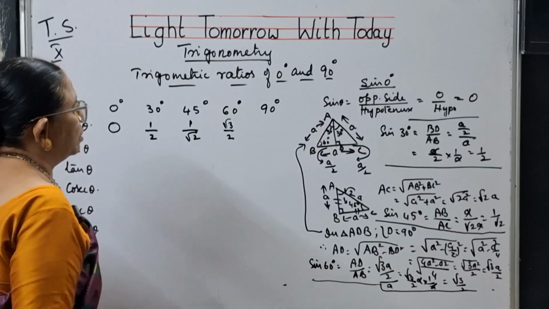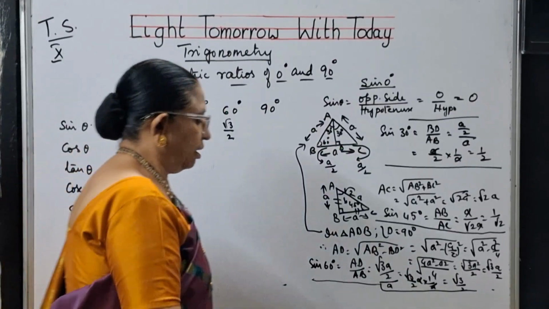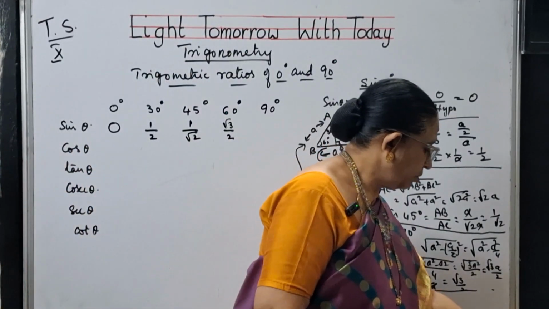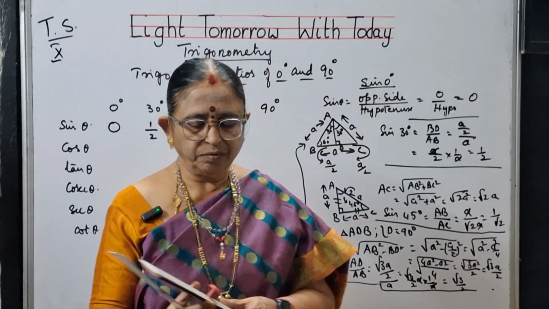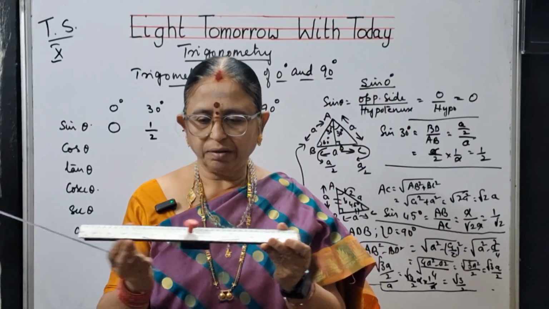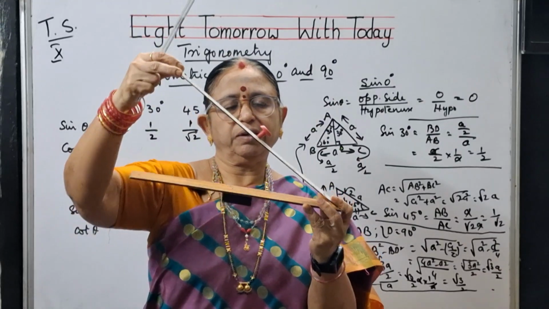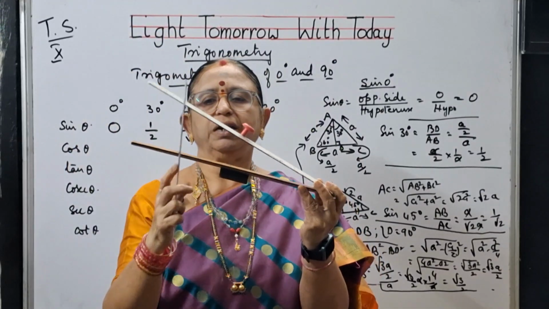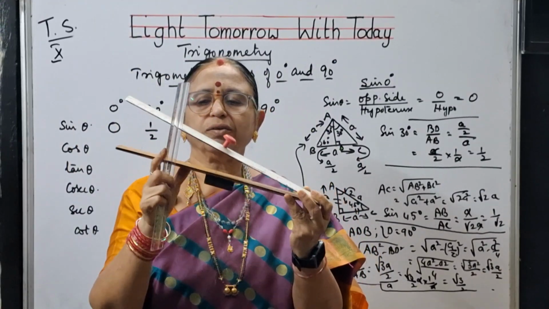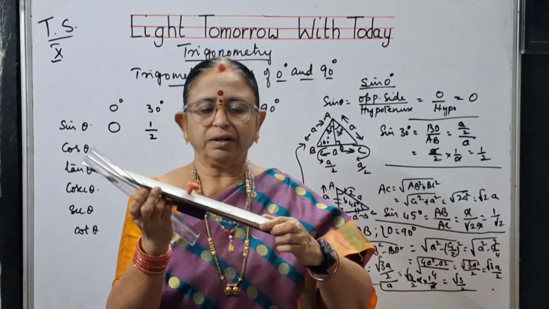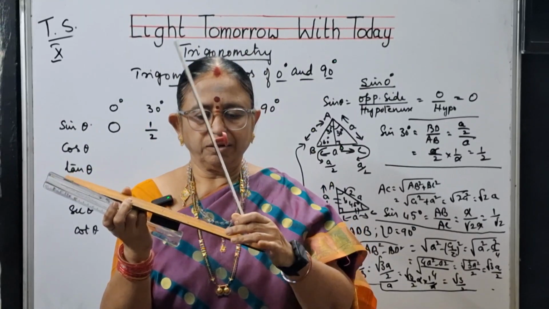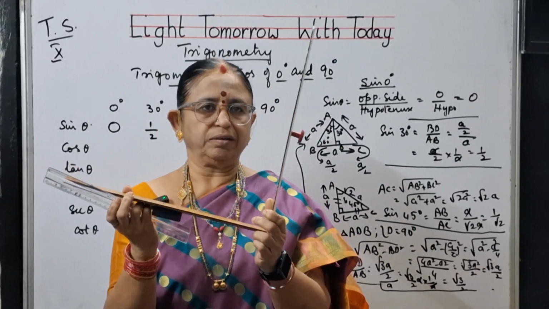Now you have sine 90. Sine 90, how do you have to do it? Let me explain sine 90. See, children, this is a right angle triangle. So sine 90 degrees means what is happening here? This angle should rise to 90 degrees.